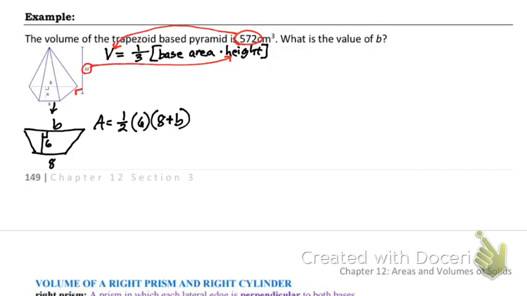Once again, it's half height times base 1 plus base 2. That's going to equal 3 times 8 plus B. Distribute that 3, and you should come up with 24 plus 3B. That is the area of the base.